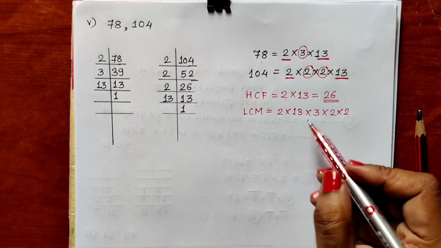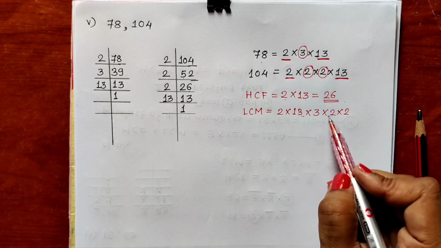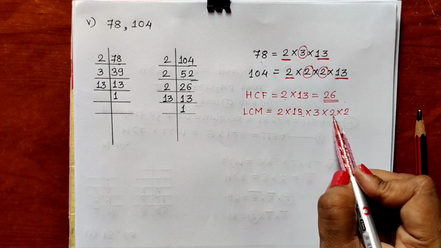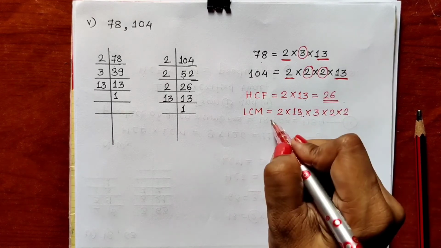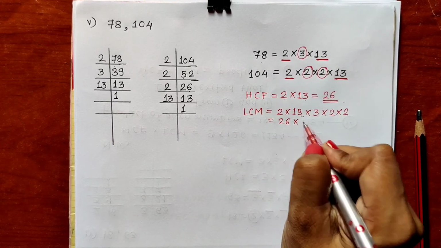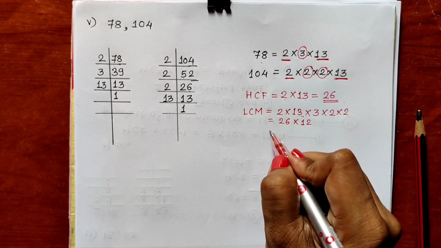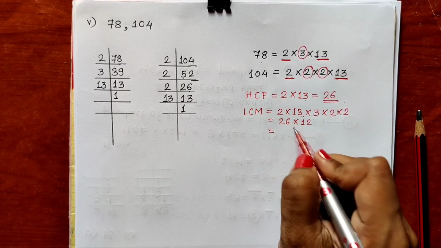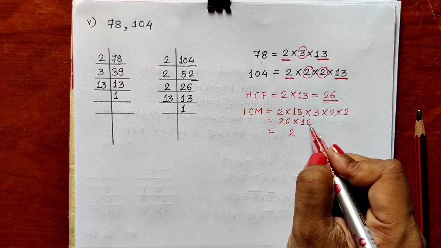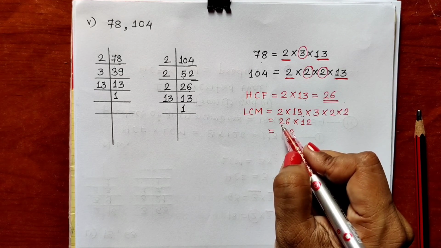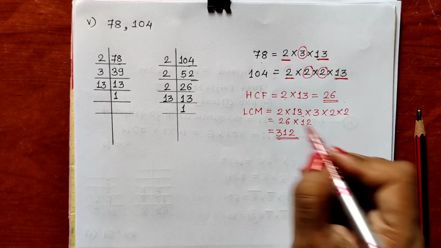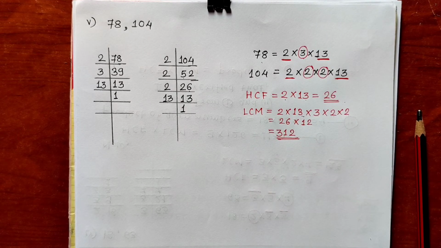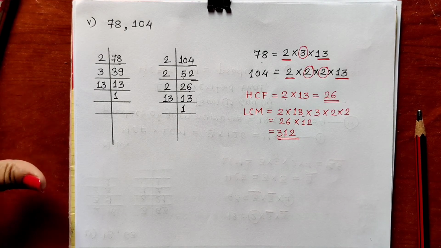Now multiply this. 2 into 13 is 26 and then 3 2s are 6, 6 2s are 12. 26 into 12 we have to do. 12 6s are 72, 2 written, 7 carrying. 12 2s are 24. 24 plus 7 is 31. 312. LCM is 312.